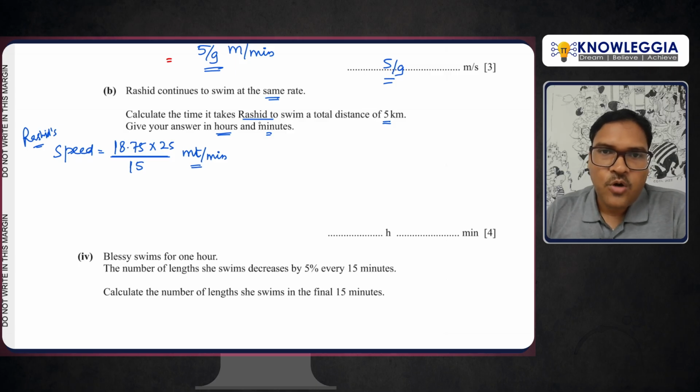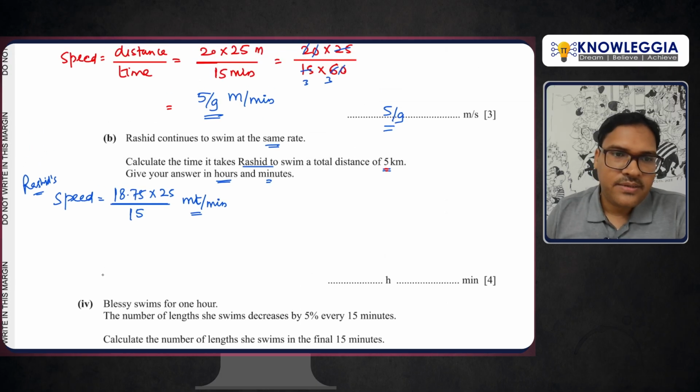Now this is the speed at which Rashid is swimming. In how much time will Rashid cover 5 kilometers? So now we have to calculate the time. Speed is equal to distance upon time, so time taken to cover 5 kilometers. What is the distance? 5 kilometers, so I can write 5 into 1000.